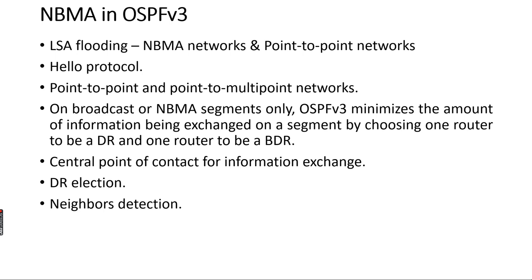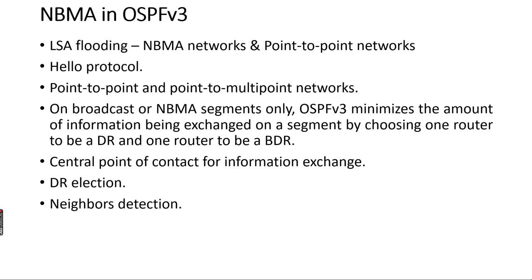Whereas all the routing information is flooded to every networking device. On the broadcast or NBMA segments only, v3 minimizes the amount of information to be exchanged on the segment by choosing one router to become the DR and one router to be the BDR. DR means designated router, BDR is backup designated router.